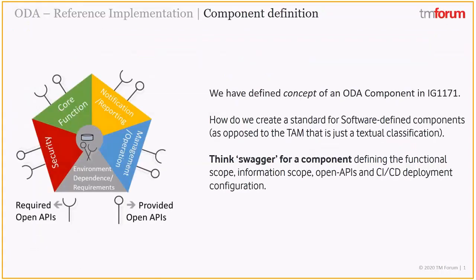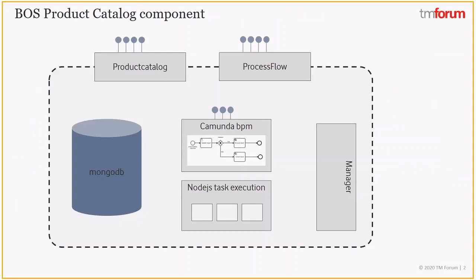While I'm doing that, I can go through more details about what I'm actually going to deploy. As part of the BOS, the Business Operating System Catalyst, we created a very simple product catalog component. So the outside boundary of this is like the envelope of our component.